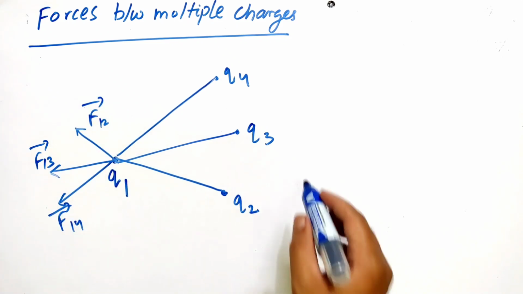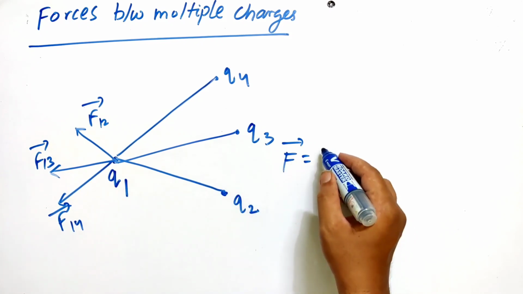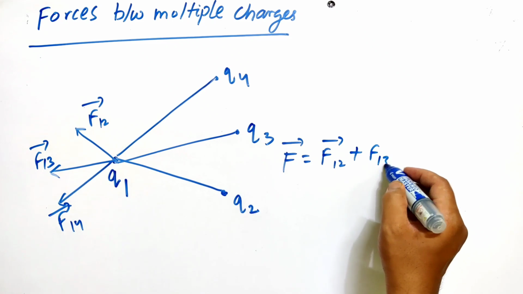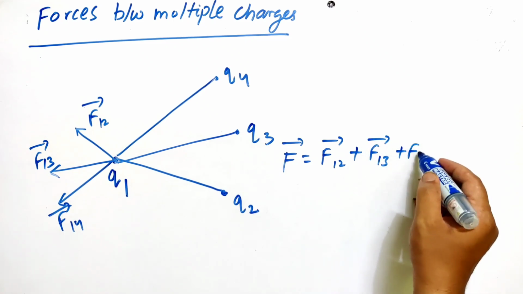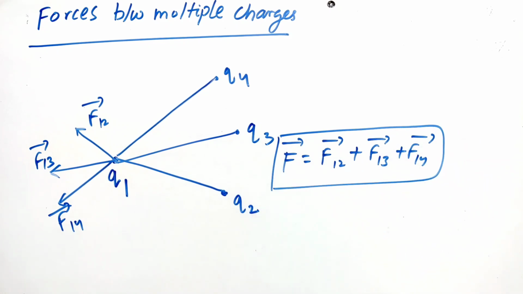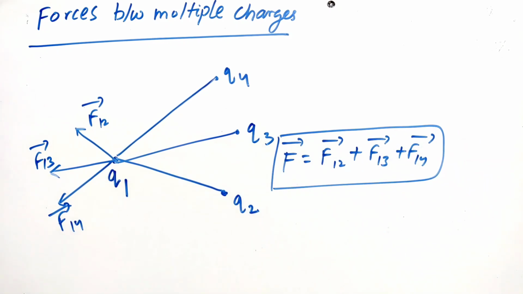So the net force or the total force experienced by Q1 will be F12 vector plus F13 vector plus F14 vector. So this is the total net force experienced by the Q1 charge.